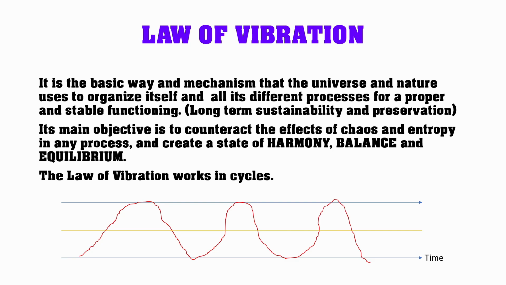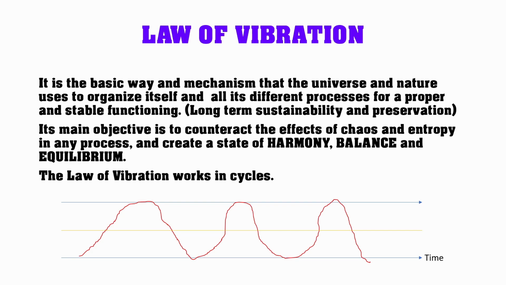And its main objective is to counteract the effects of chaos and entropy in any process. And this applies to everything in existence. It can be also science itself, as we know it: physics, chemistry, biology, the movement of stars, our human bodies, everything that functions, because we are part of nature itself.